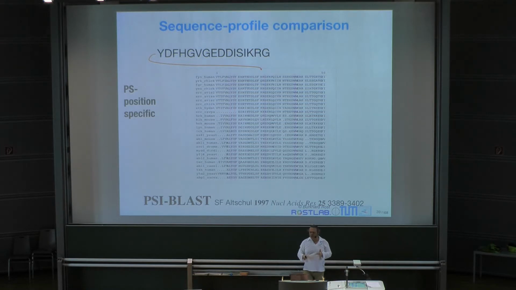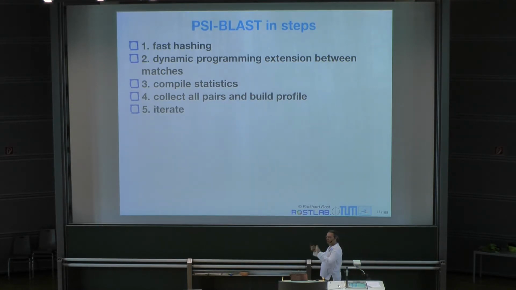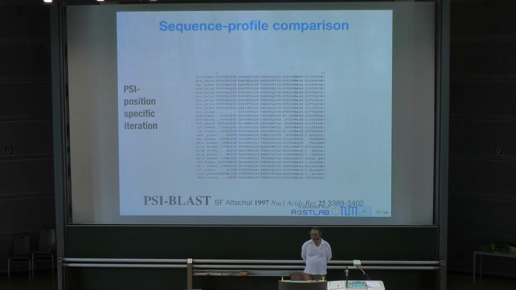The profile allows us to take them. So we can go further down, collect new matches, build up a new profile, and iterate. Redo that. So every single time we go a little bit further out, we find that, change our profile, that allows us again to go further out, and so forth, and so on.